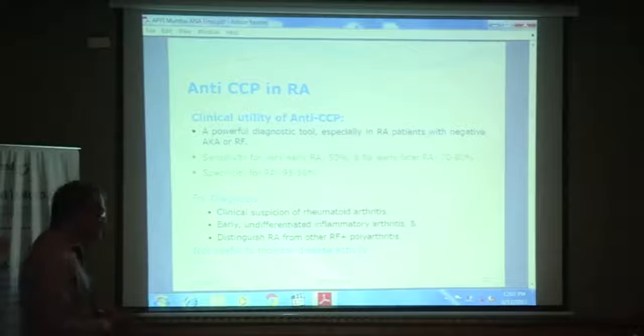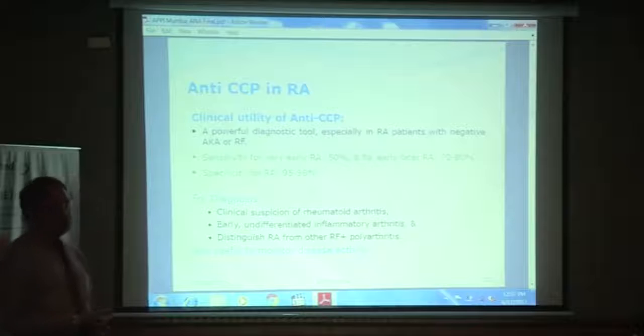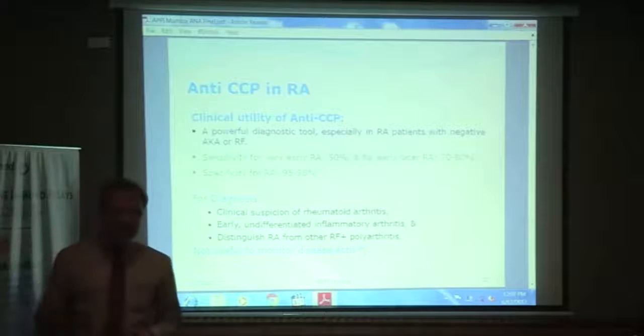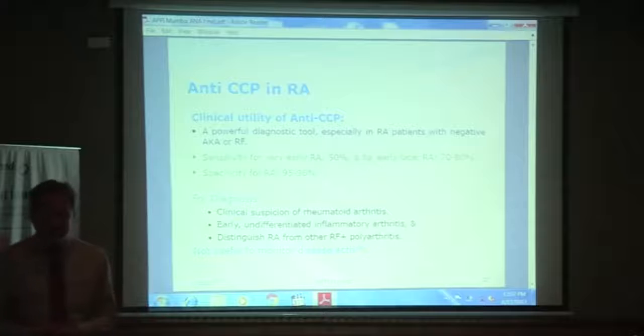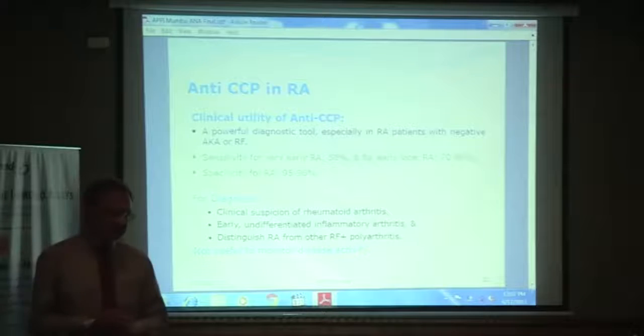As the disease progresses, the sensitivity also increases, and the specificity is very good. RF is not very specific because it can be present in many other diseases or even in old age. The CCP is very, very specific.